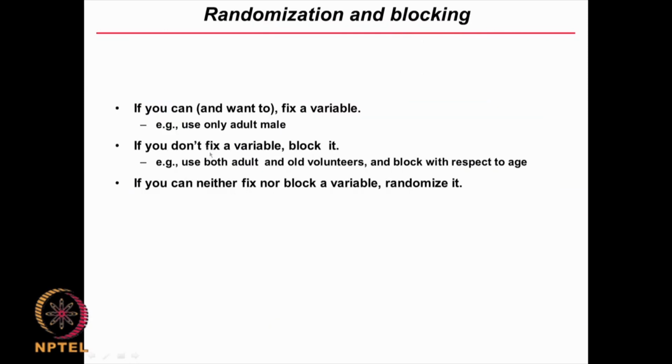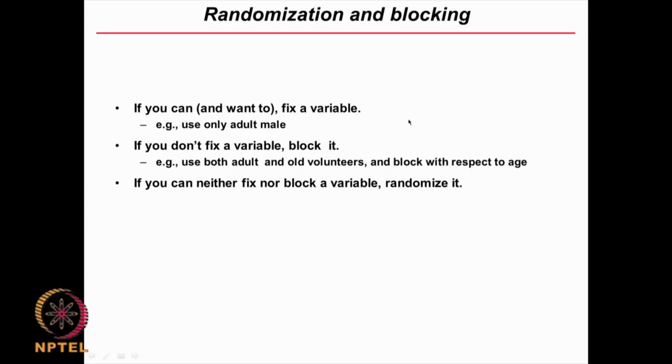So, if you can fix a variable, like if you want to do only adult male, then it is okay, but if you do not fix a variable, then block it. That is, if you are going to take both adult and old volunteers, then we can block with respect to the age.